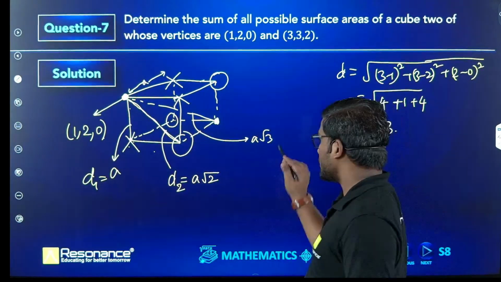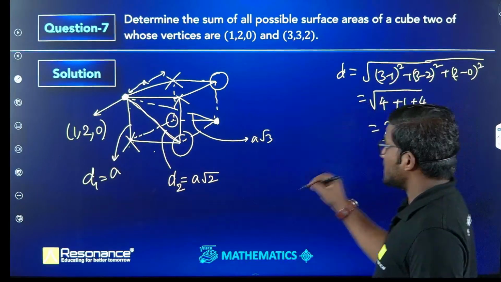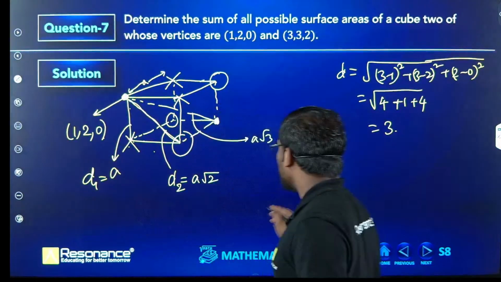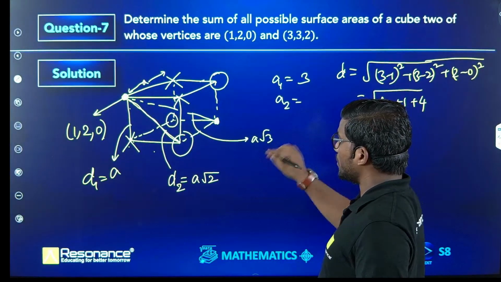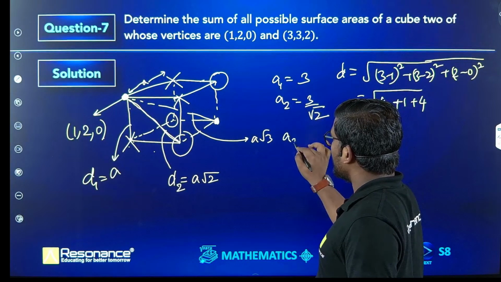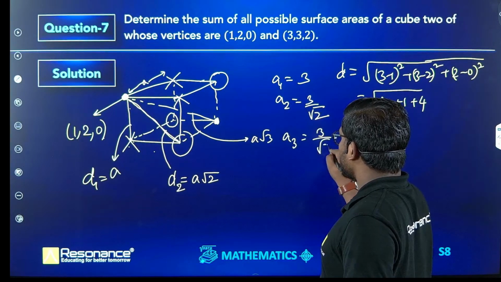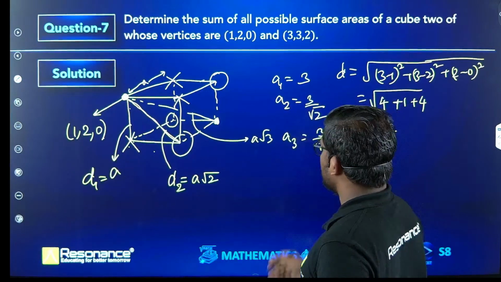Now A root 3, so we have got three possibilities where the distance A could be equal to A1 equal to 3, A2 equal to 3 upon root 2, and A3 equal to 3 upon root 3, correct? Now we're asked to determine the sum of all possible surface areas.